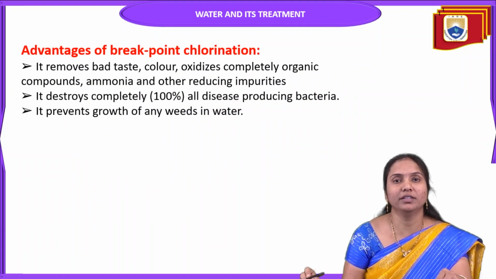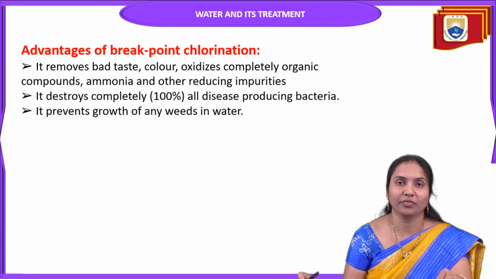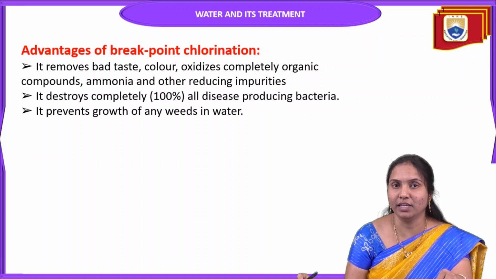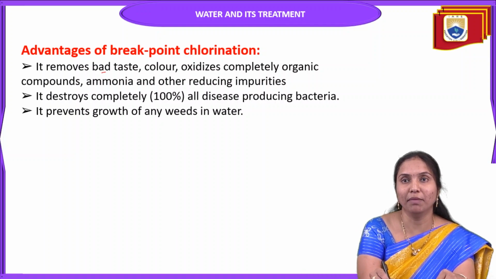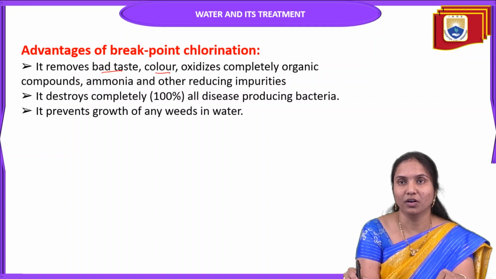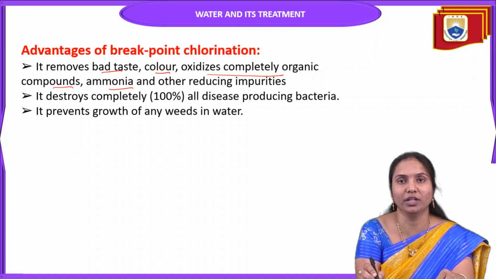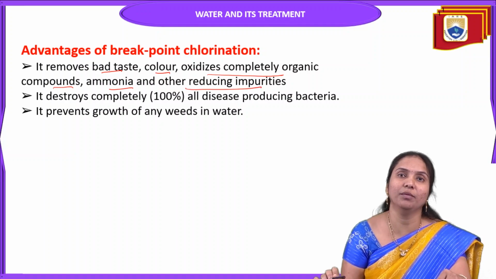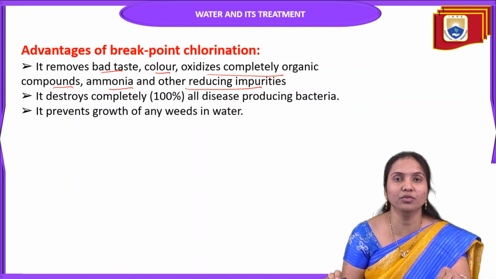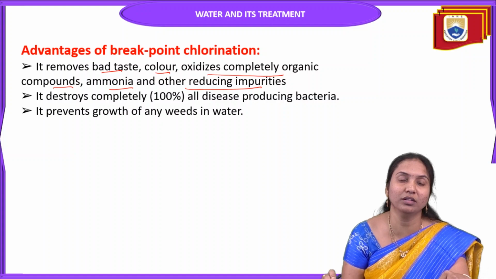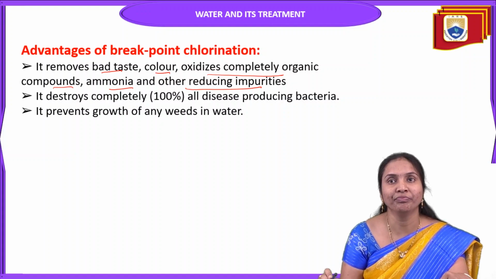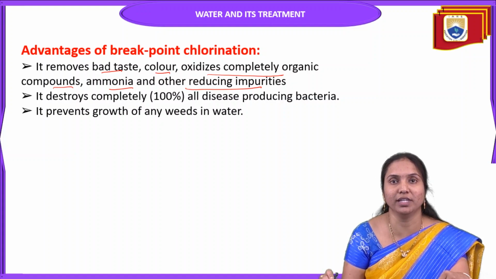So what are the advantages of breakpoint chlorination? It removes bad taste, odor, and oxidizes completely all the organic compounds present in water, and also it removes ammonia and other reducing impurities.